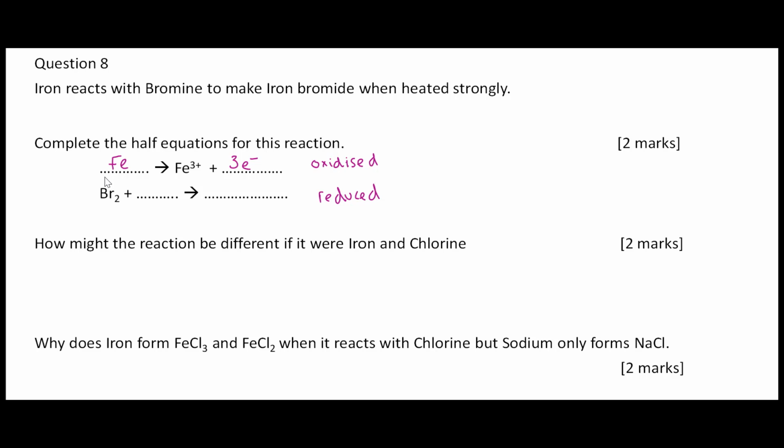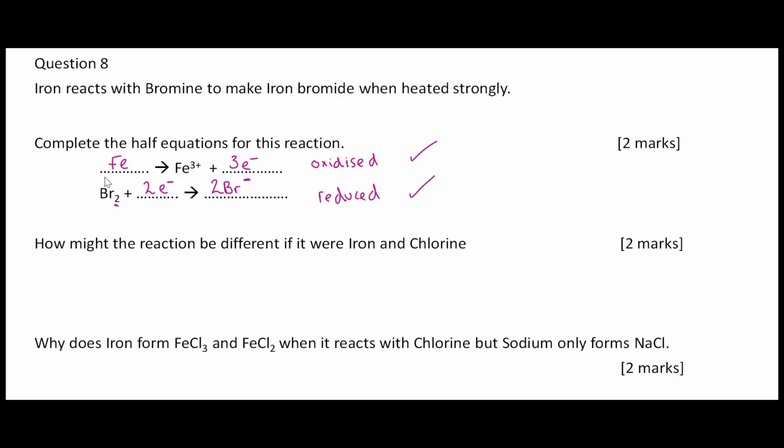So here we could show that bromine turns into bromide ions by gaining an electron. But this equation isn't balanced because we've got two bromine atoms over here. We need two bromide ions, and again we're going to need two electrons to turn these bromine atoms into ions. So that would be your 2 marks.